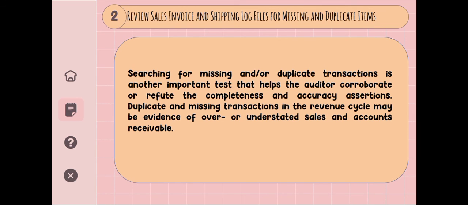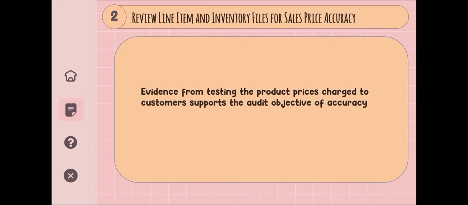Thus, ACL is capable of testing a designated field for out-of-sequence records, gaps in sequence numbers, and duplicate values for the entire file. The next one is reviewing line item and inventory files for sales price accuracy. Significant discrepancies between the suggested retail price and the price actually charged, however, may indicate incompetence, clerical errors, or sales personnel exceeding their authority.